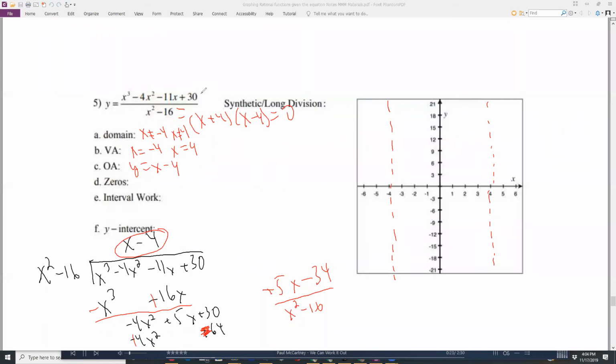Zeros. So we're looking for where the numerator equals 0. Well, if we graph just that polynomial part, let's see. I'm trying to find my pages here. It took a lot of work. Here we go.